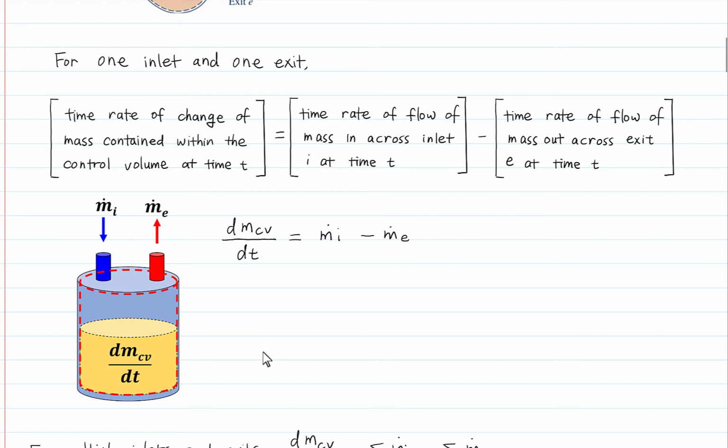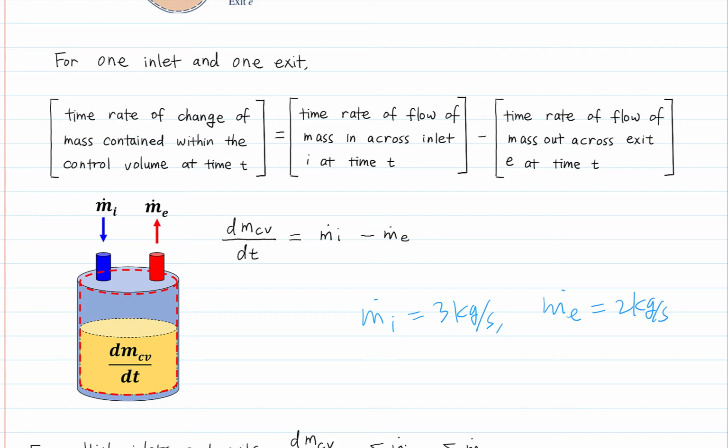Consider a water heater. So cold fluid is going into the heater and hot fluid is going out of the heater. For example, let's say m dot inlet equals 3 kg per second and m dot exit is 2 kg per second.